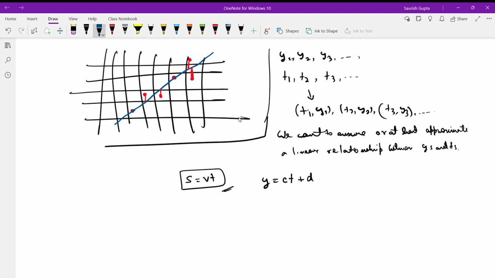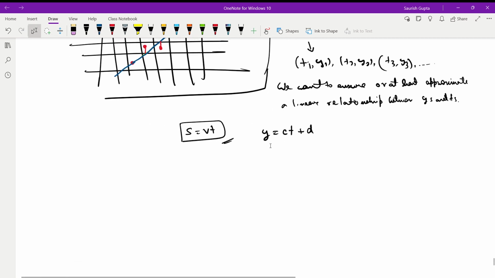This is very trivial. This is very worldly to notice, right? And in order to approximate, you need to get hold of the distance value, at least the distance quantity of the points which are not on the line. For the points which are indeed on the line, the distance of the point from the line is indeed 0. So on a general basis, I can write E to be the sum of all the distances of the points from the line, of all the points we are talking about.